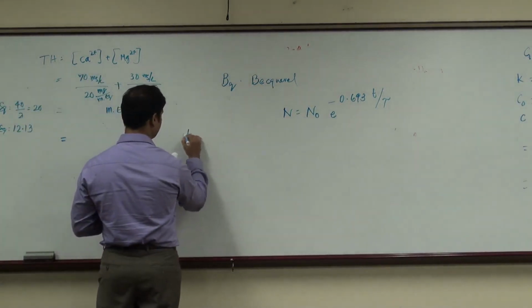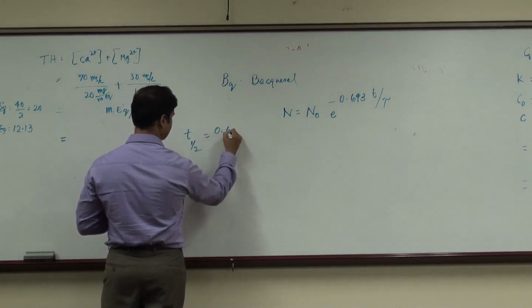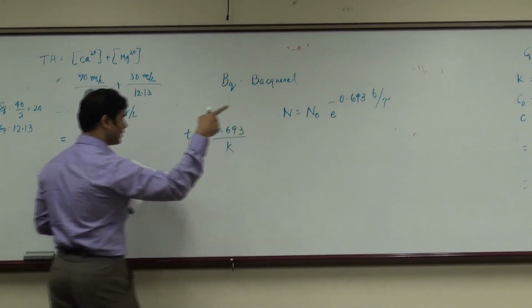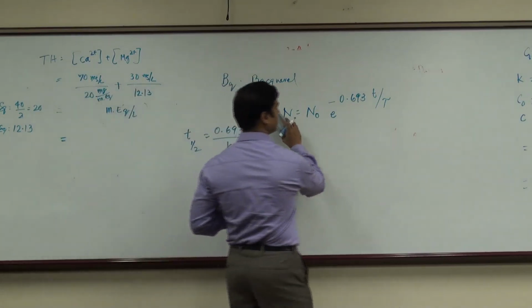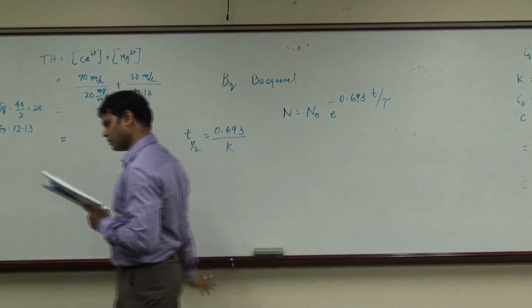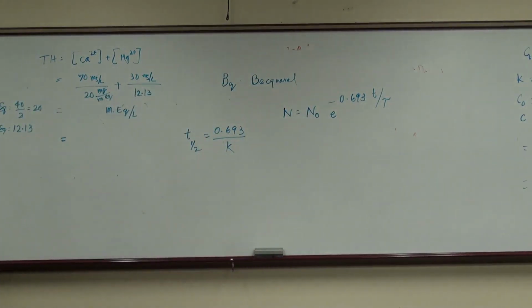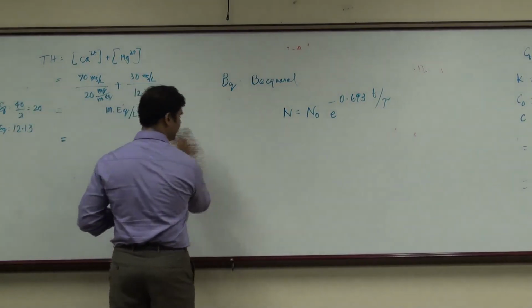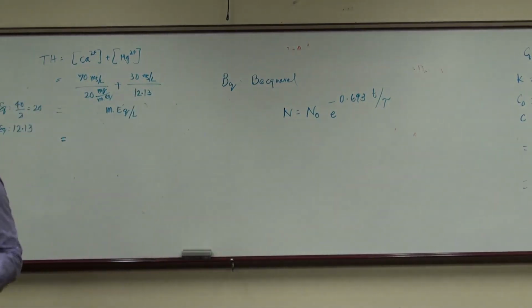So T half-life is 0.693 over K. So you can straight away go and use the first order equation, I would say. No, tau is actually half-life, so you're fine. You're given T, so you're getting your tau straight away.